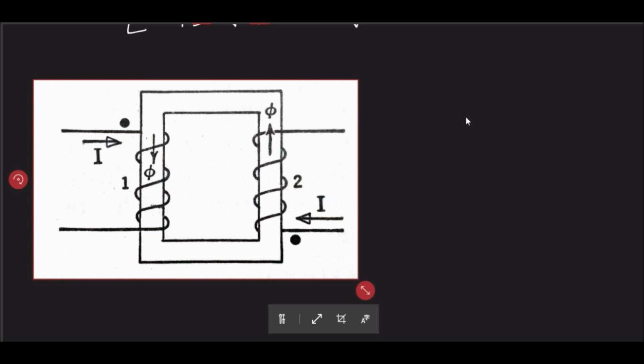So this is a very common practice, and it has been carried out for many years.